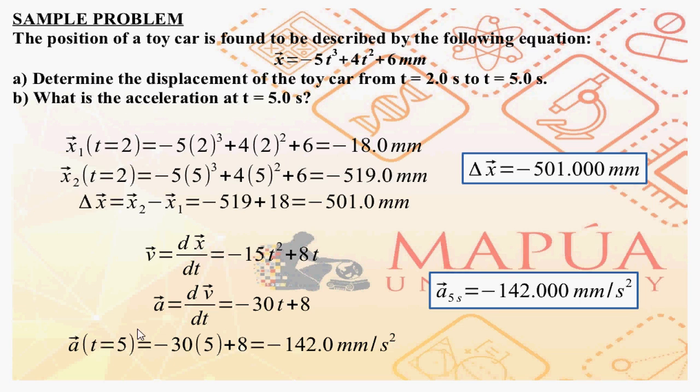The acceleration is negative 142.000 millimeters per second squared. In this example, we differentiated the equation twice. Some other problems might require you to integrate the equation once or twice. So depending on the problem, you will either have to differentiate or integrate the equation provided.